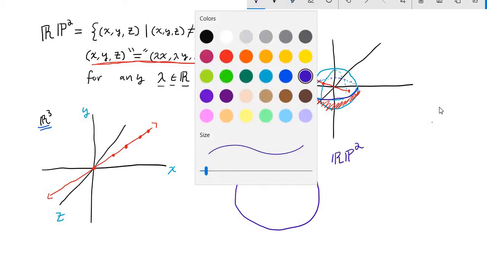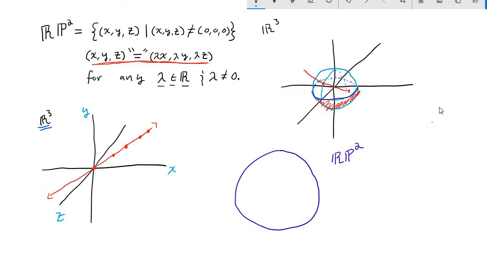And there's one other thing to observe here: if I have a point right on the equator, the line lying in the XZ plane passing through that also intersects over here. So these 2 points are identified as the same point.